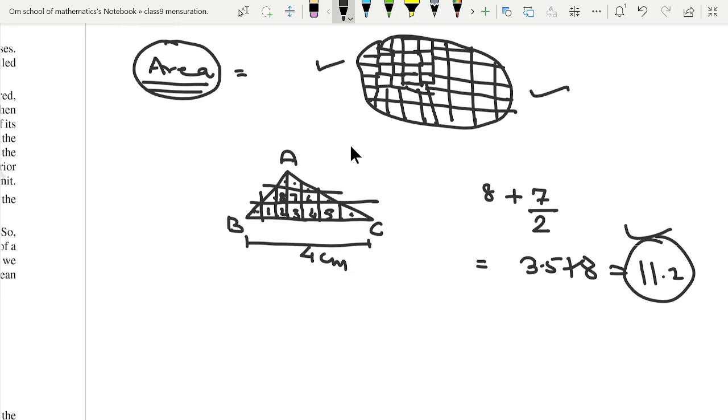I have done this manually. Sir, it is 11.5? Yes, it is 11.5.